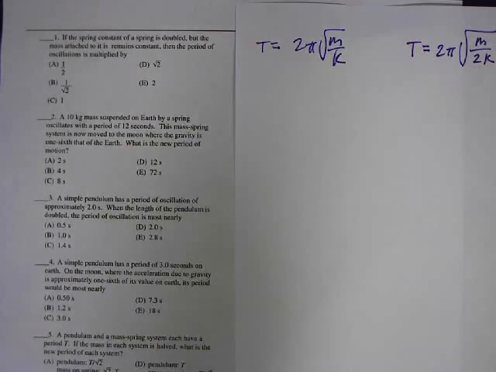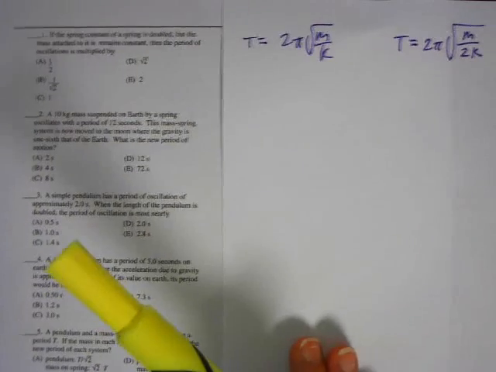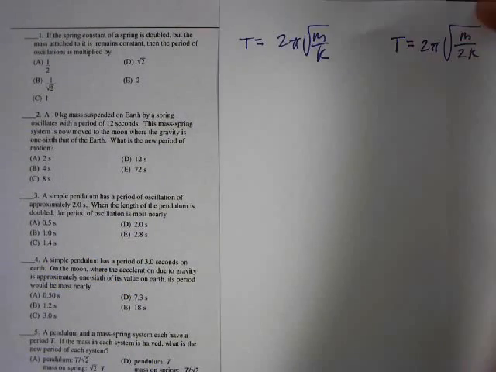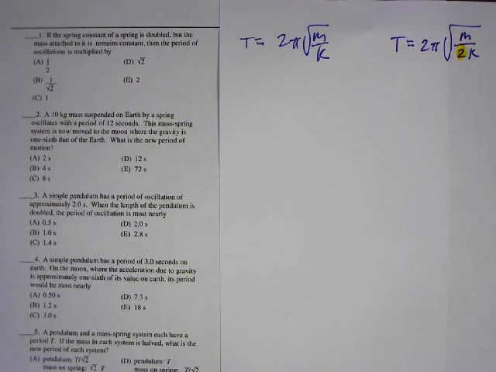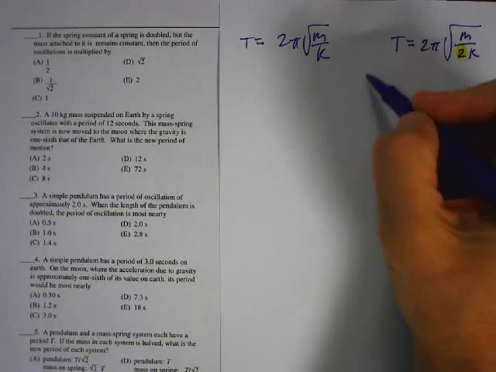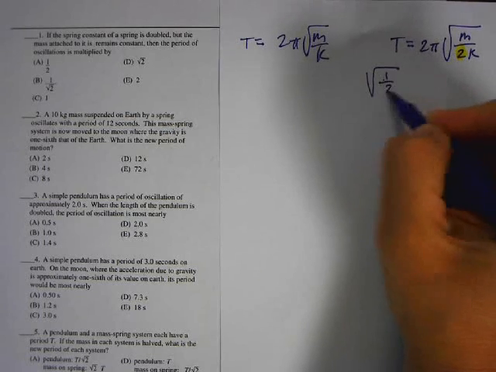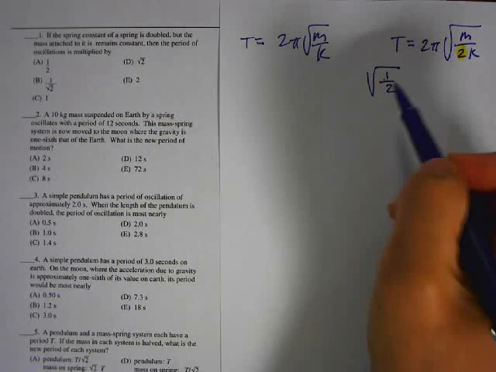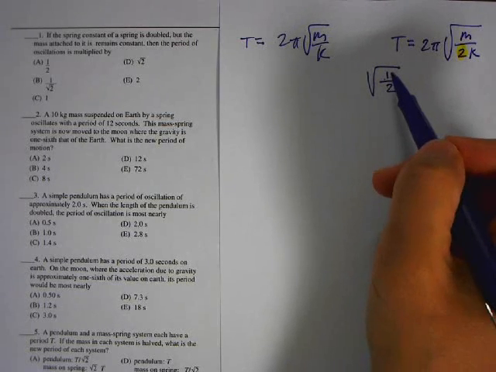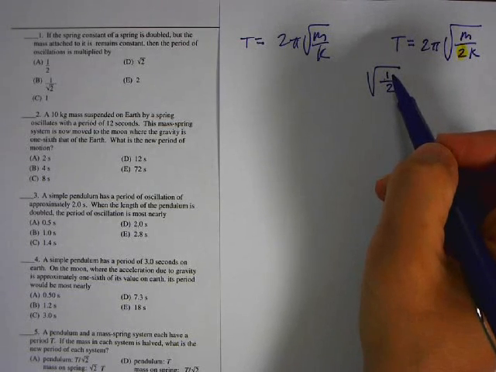So when I compare the basic equation with the one with the spring constant, the only difference is there's a 2 down there. So the only difference is underneath the radical, in the denominator, there's a 2. But it's under a radical. So if I want to simplify this math-wise, what's the square root of 1? 1.